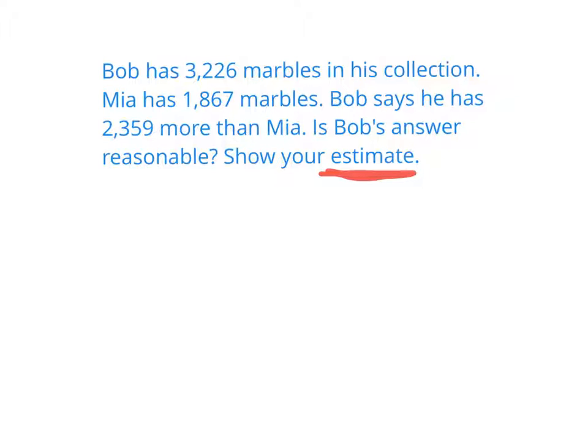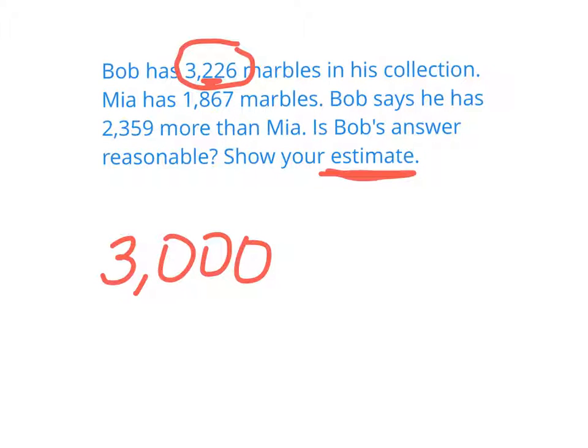So I'm thinking to myself, 3,226, is that closer to 3,000 or to 4,000? Well, looking at it, there's a 2 in the hundreds place. And I know 0, 1, 2, 3, 4, I stay on the floor. So that number rounds to about 3,000.